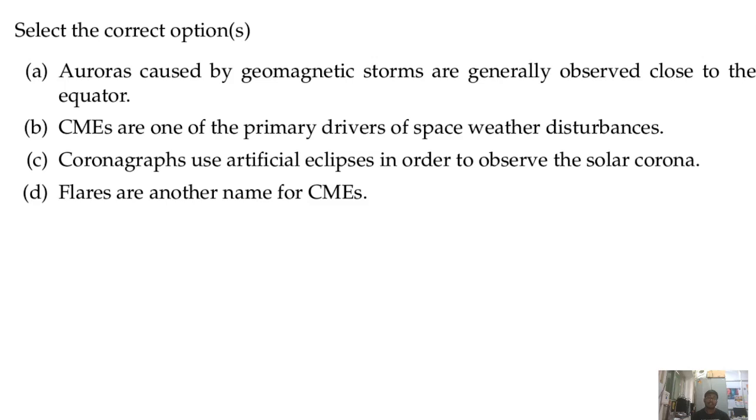Now, flares are another name for CMEs, which is not correct. As I was saying, flares are basically radiation, but CMEs are the propagation of a chunk of plasma instead of only radiation. Those are different properties, but they can accompany each other often. It does not mean that every time there is a flare there should be a CME.